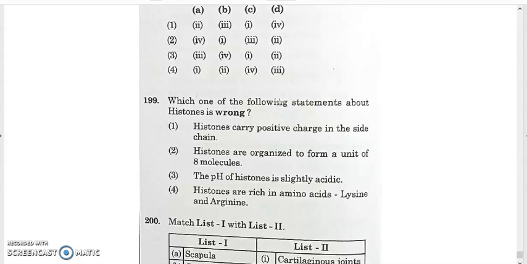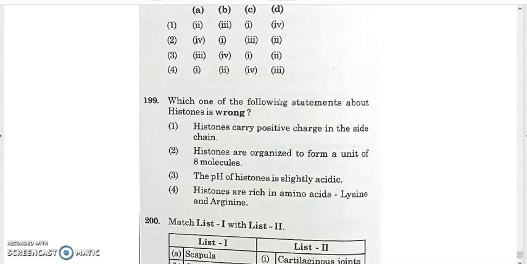One of the important ones is the histone. Histone is a basic type of protein which is rich in arginine and lysine. These are positively charged amino acids. Histones carry positive charge in their side chains.